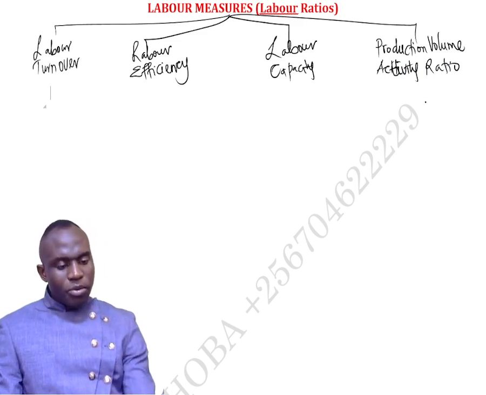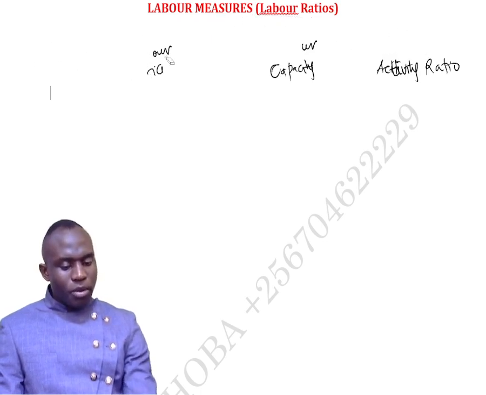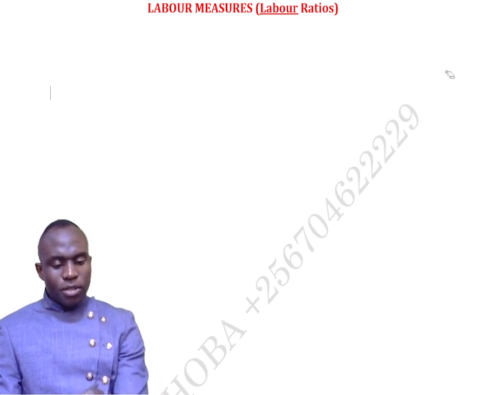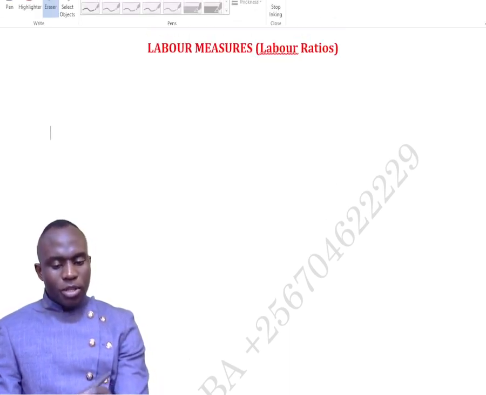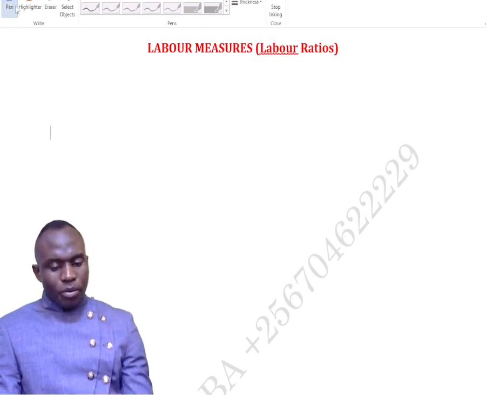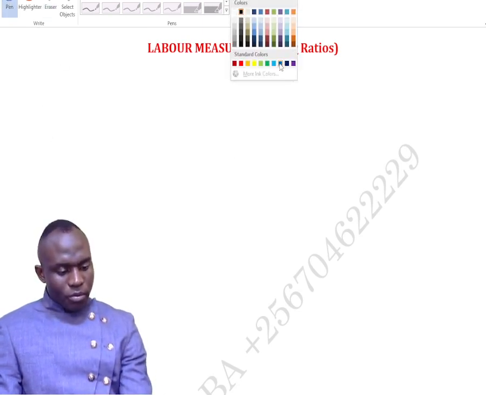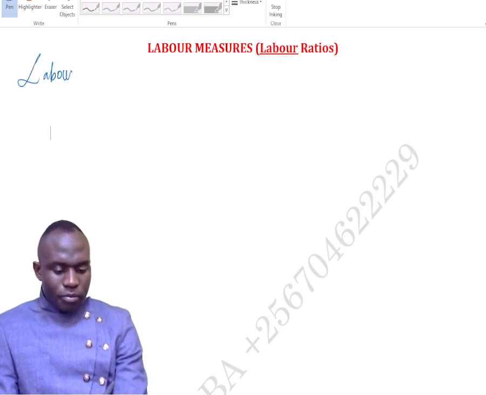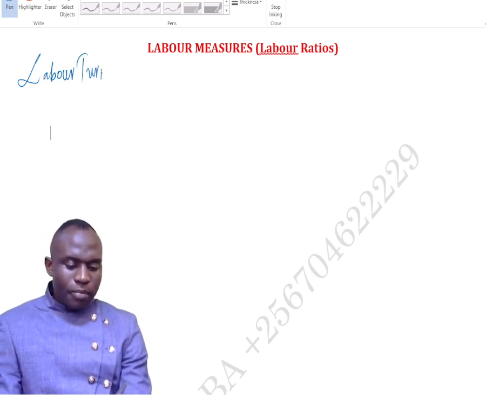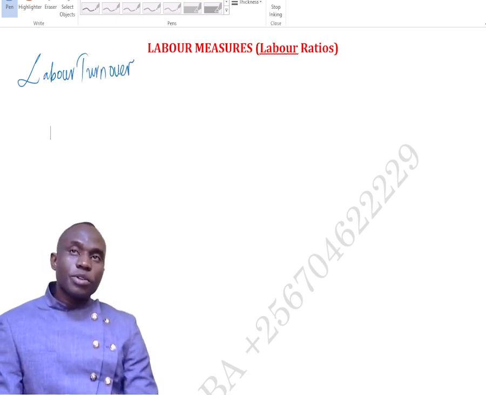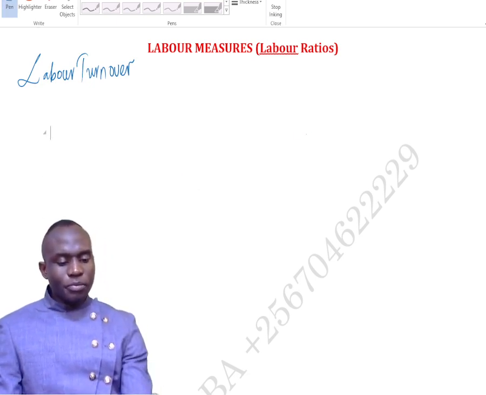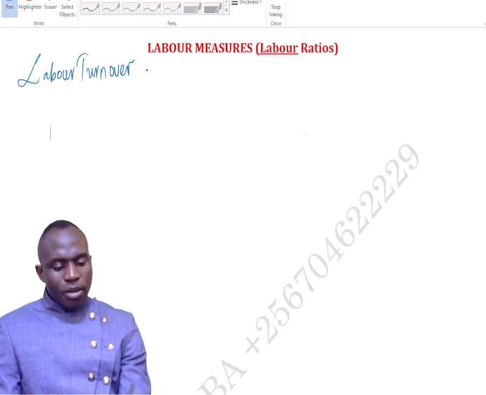Now we are going to start by looking at the labor turnover ratio. So the first one is going to be labor turnover ratio. It measures the rate at which employees are leaving the company. It is given by this formula here.